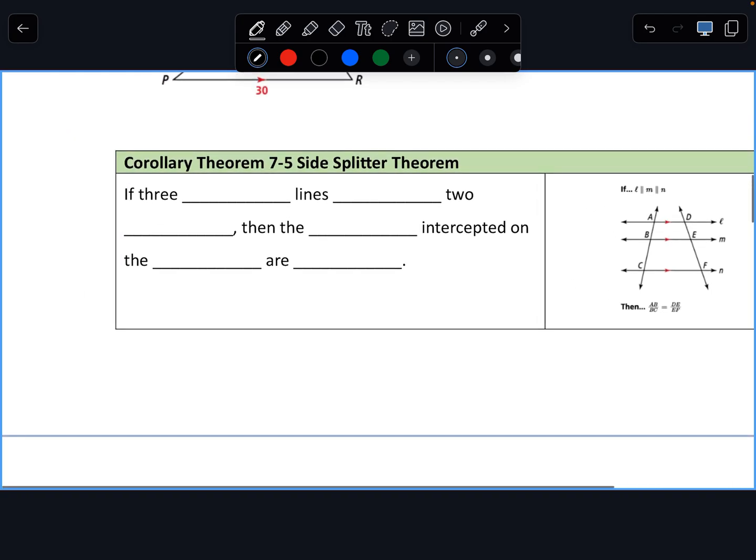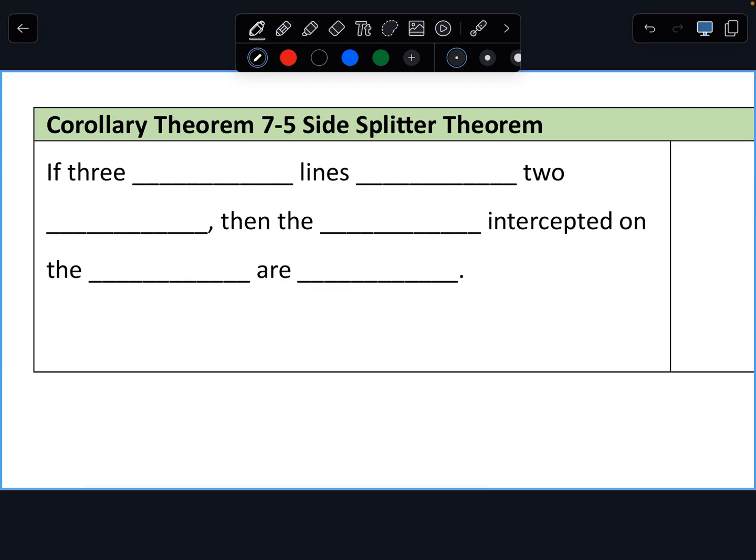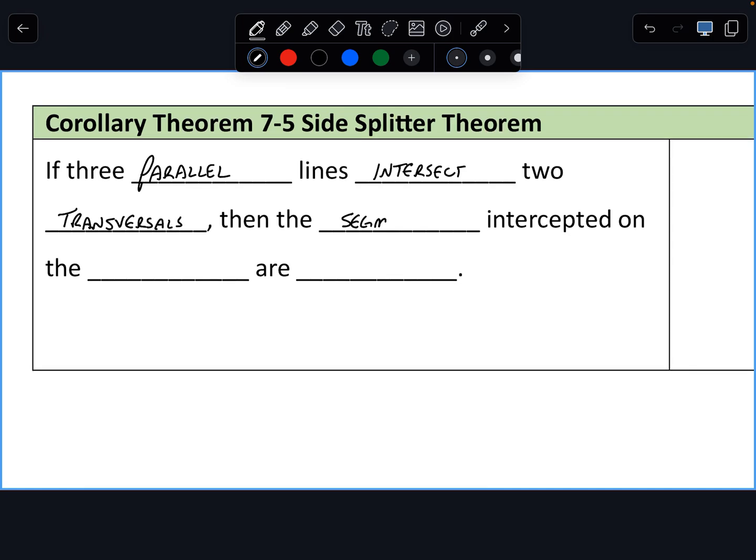So this side splitter theorem says, if three parallel lines intersect two transversals, then the segments intercepted on the transversals are proportional.